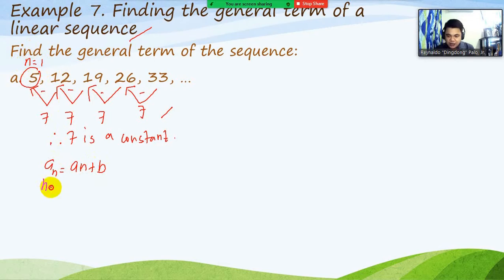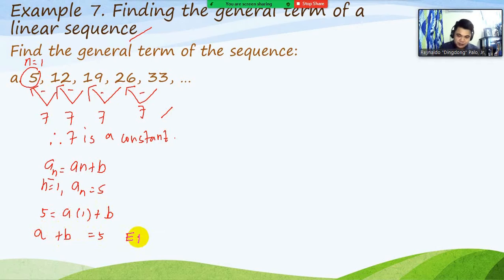Okay? N is 1 and then a sub n is equal to 5 or the value of the term itself. Then substitute a sub n is 5 equals a and the n is 1 plus b. Then arrange it. A times 1 is simply a plus b equals 5. This will serve as your equation number 1.